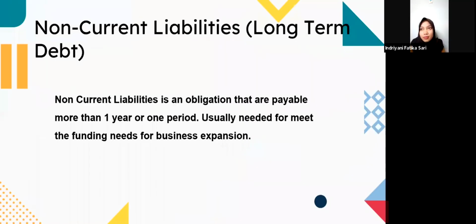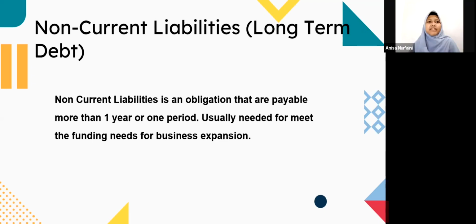Okay, the next material is non-current liabilities. Non-current liabilities or long-term debt are obligations payable in more than one year or one period, usually needed to meet the funding needs for business expansion.